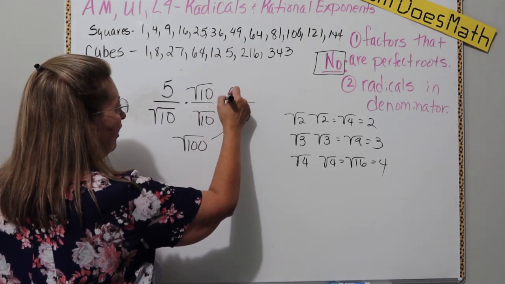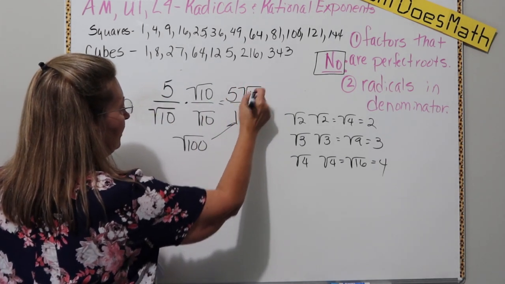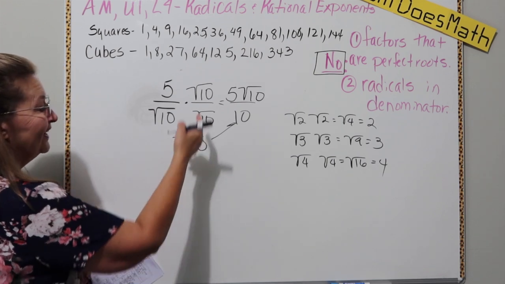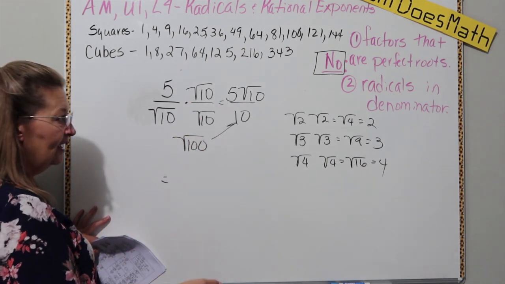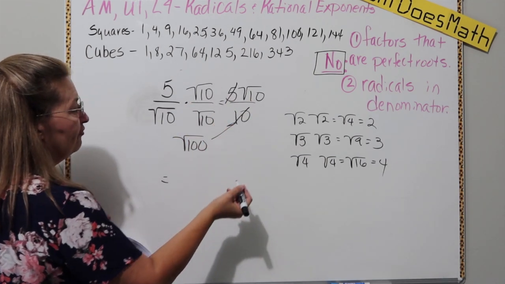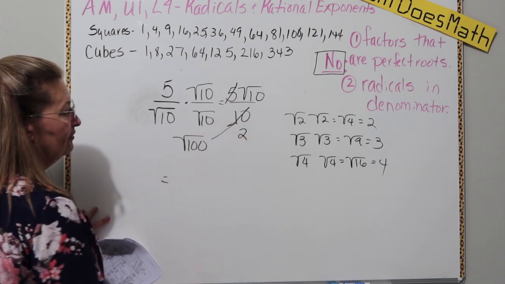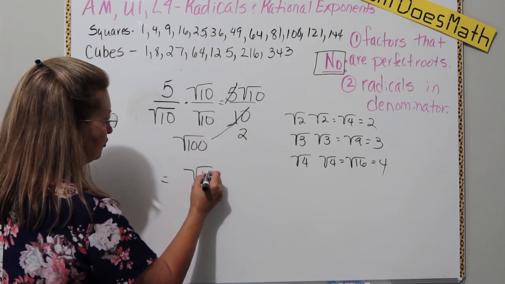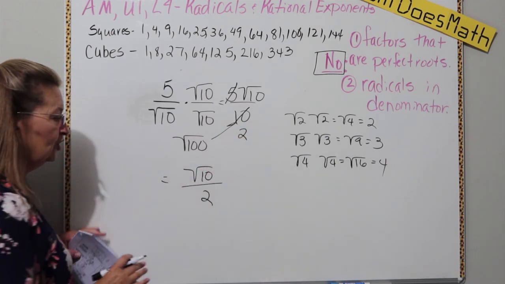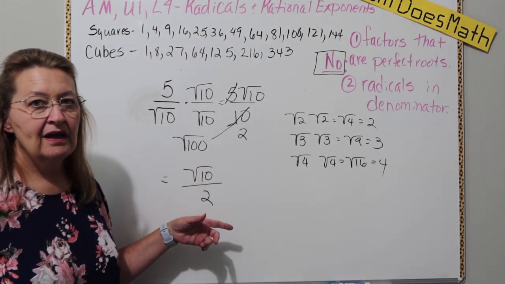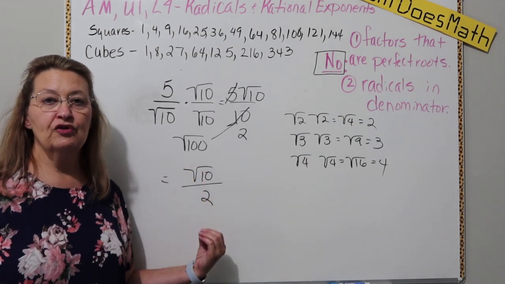So when you multiply 5 over square root of 10, you get this. Now, can I simplify this? Yes. At this point, you would say, well, 5 will go into 10. You have 2 left over. So you have square root of 10 over 2. Now, can you reduce that? No, because the 2 is not under a radical.